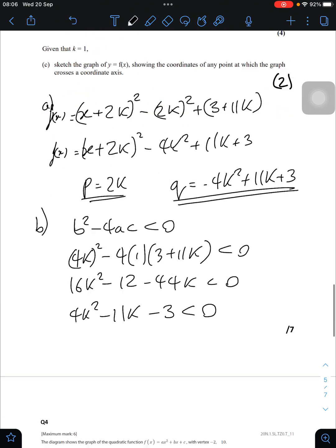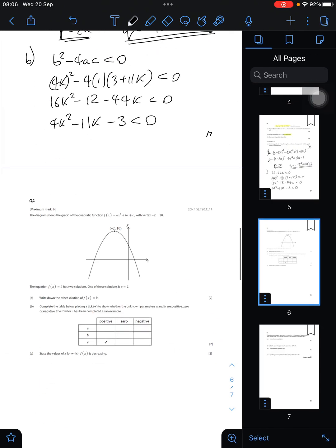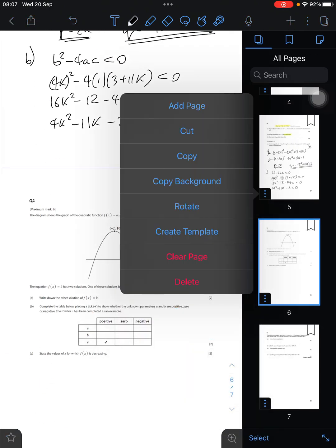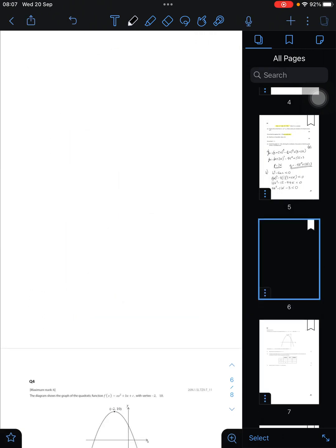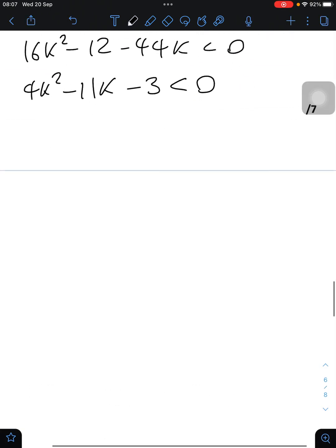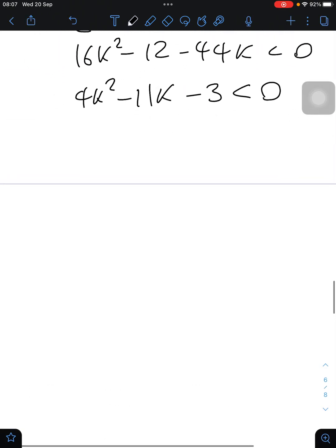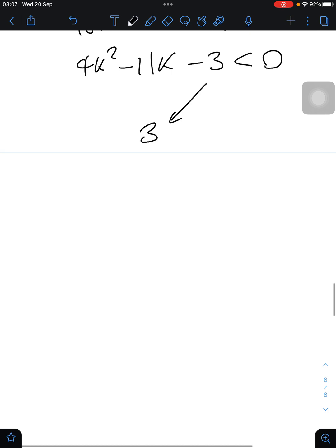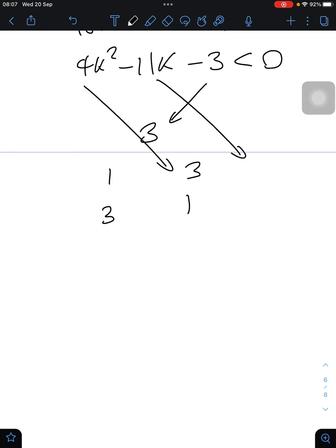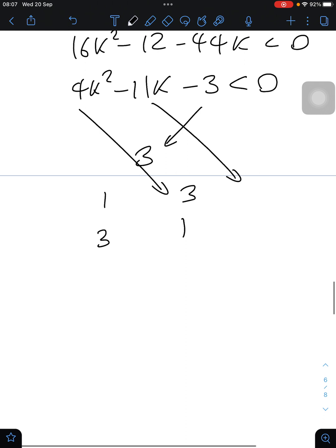But let's solve this now. We need this to be less than or equal to 0. Let's do the method that I was showing you earlier, for factorizing. Let's take down our 3. It doesn't matter if it's minus or positive, we'll get there later. And then add 1, 3, 3, 1, and then just do your 2 arrows crossing over. And so that's why it's called the crisscross method in a way.